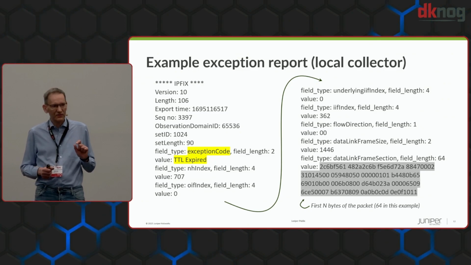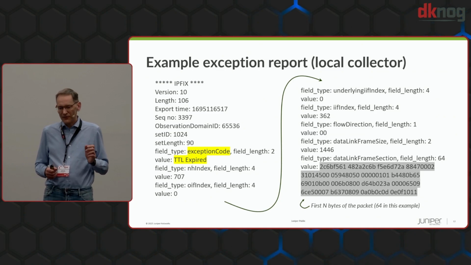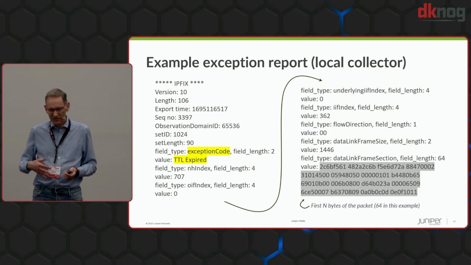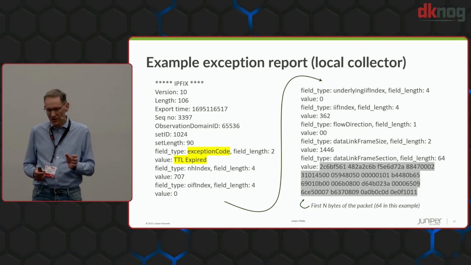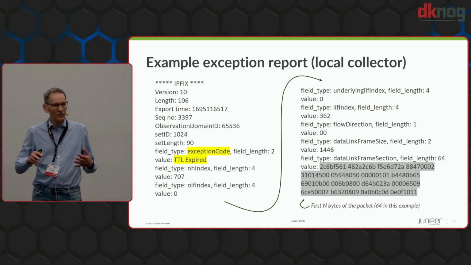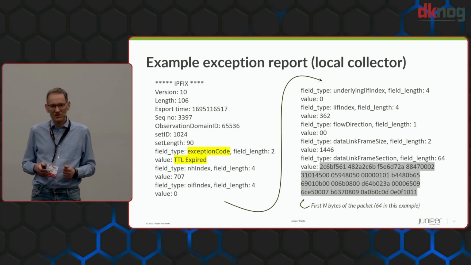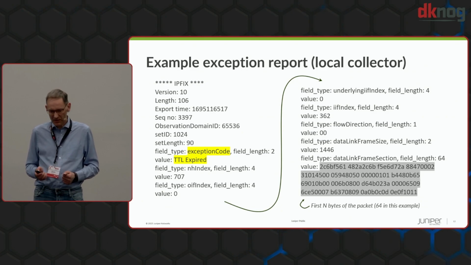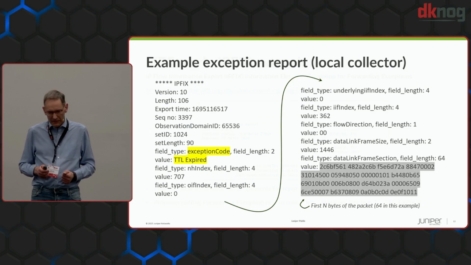So that's set to 0 if it was the ingress packet forwarding engine that dropped the packet, or it'd be set to 1 if it was the outbound packet forwarding engine. And then the first few bytes of the packet, in this example, the first 64 bytes of the packet, extra metadata. So all of this combined is actually very useful information telling you about the nature of this black hole, why packets are being dropped by this particular router.